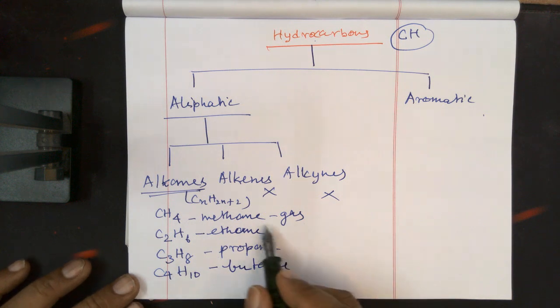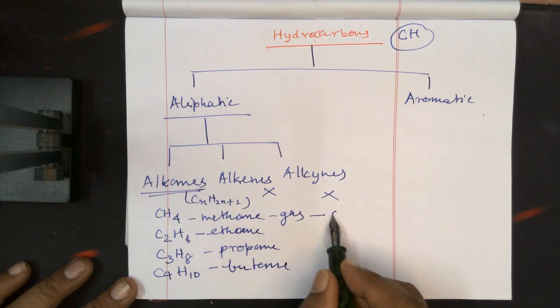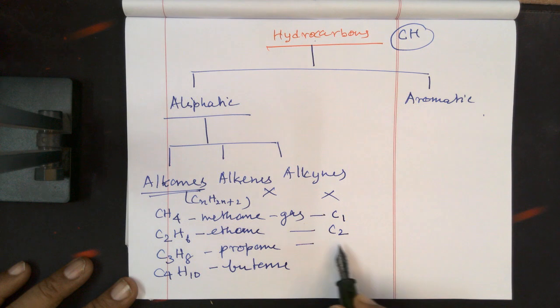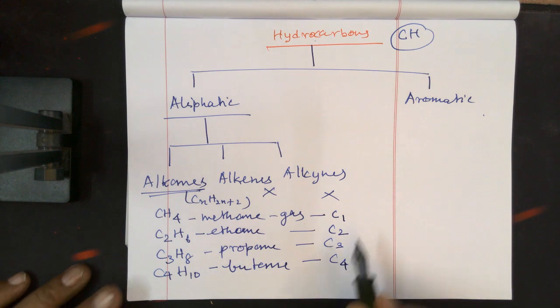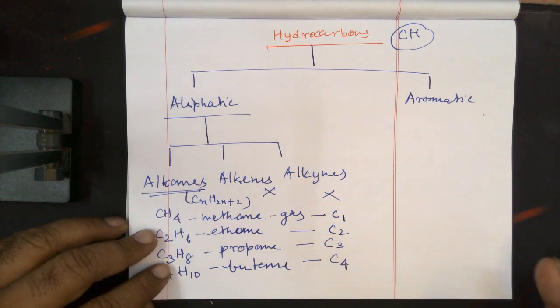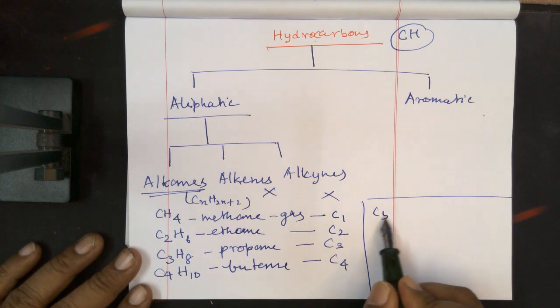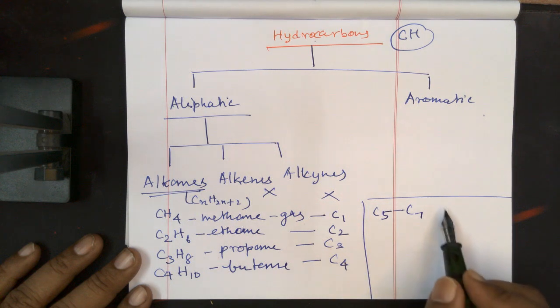In fact, with the increase of carbon atoms, they behave differently. It consists of one carbon atom, this is two carbon atoms, it has three carbon atoms, and this one has four carbon atoms. And if we proceed further, that is C5 to C7, they act as solvent.